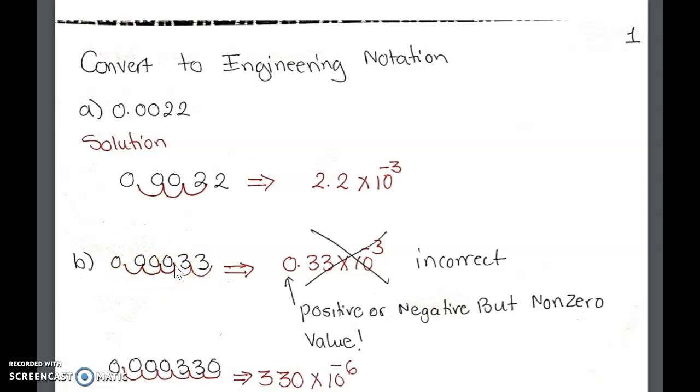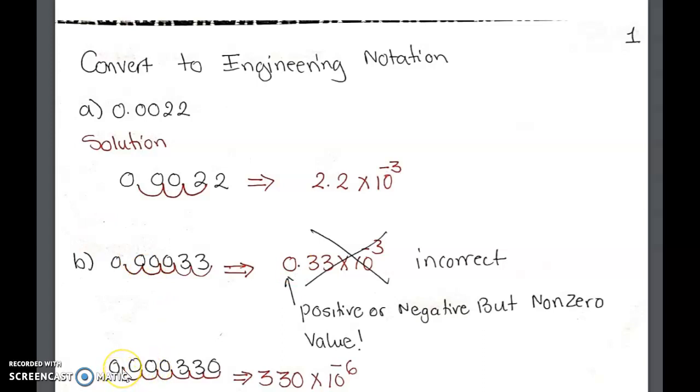Thinking that it has to be a multiple of 3, I can write it as 0.33 times 10 to the power of negative 3. But this is incorrect. Why? Because you cannot have a 0 to the left of the decimal point. It has to be a positive, non-zero value. So we have to continue here.